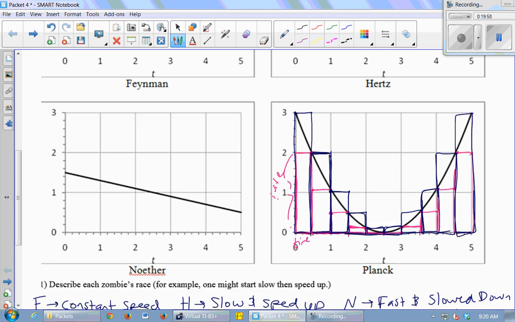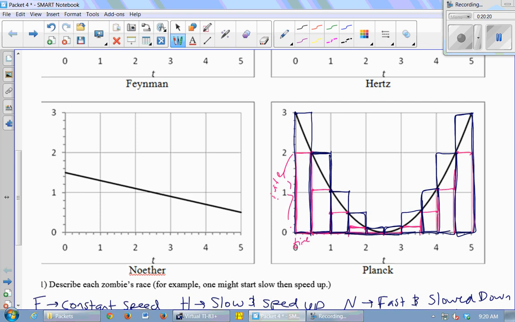And now I have 10 purple rectangles. Each one represents the distance traveled, an overestimate for the distance traveled over that half-hour interval. And then we would just add up the areas of these rectangles, because each area represents a distance. Because the area of the rectangle is a rate times a time, which is a distance.